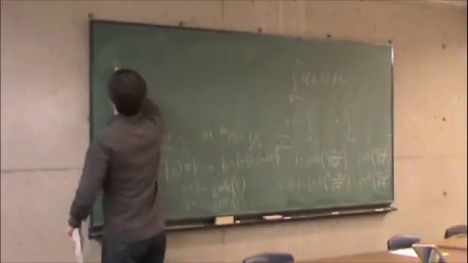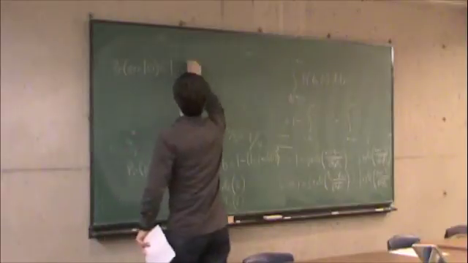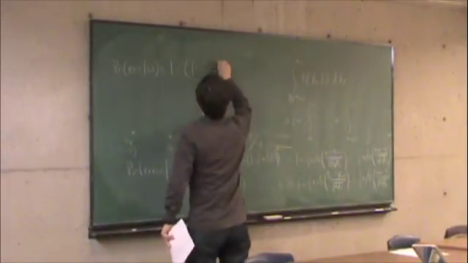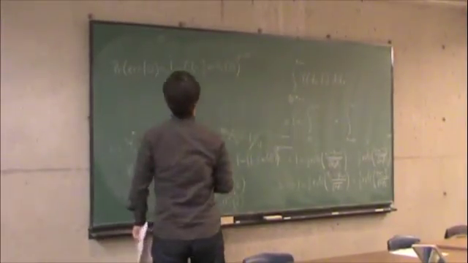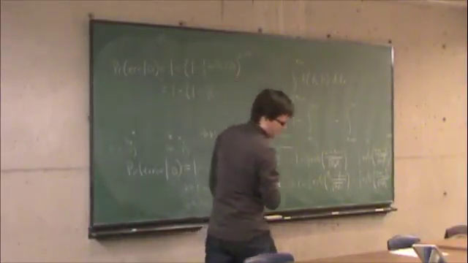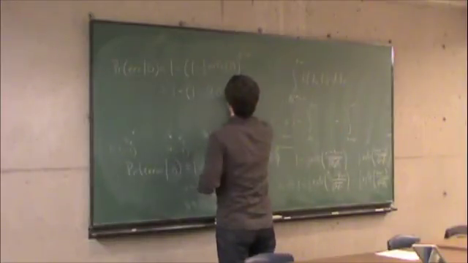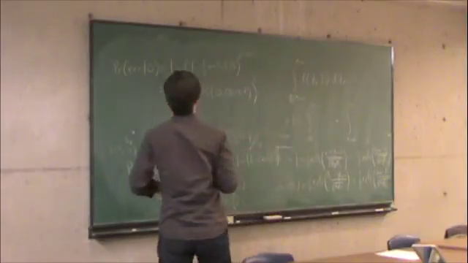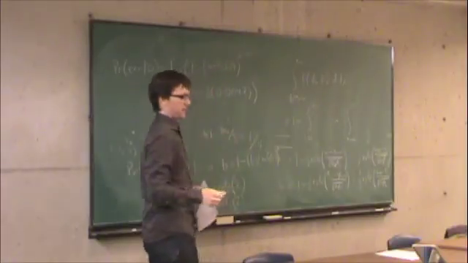So, probability of error given 0 is 1 minus 1/2 erfc of 2 squared, which is 1 minus 1/2 times 0.0047 squared, which is, anybody got a calculator?